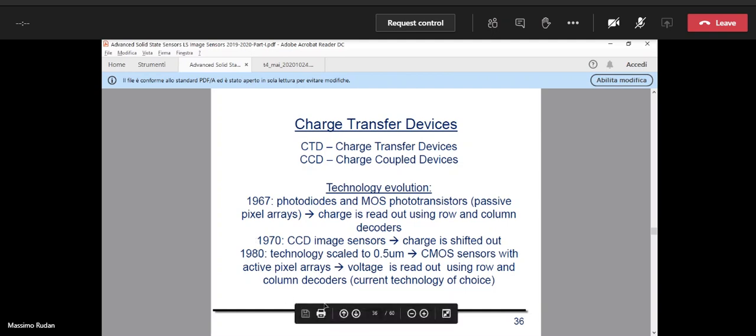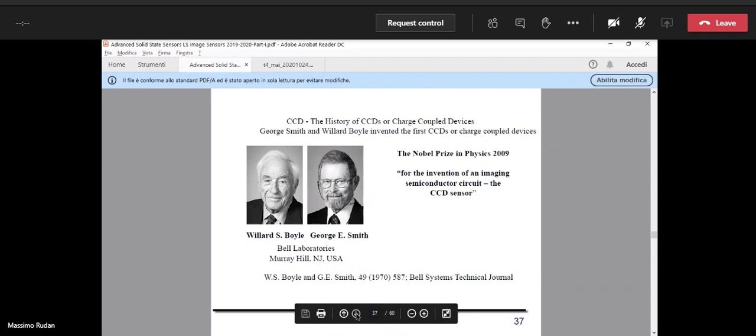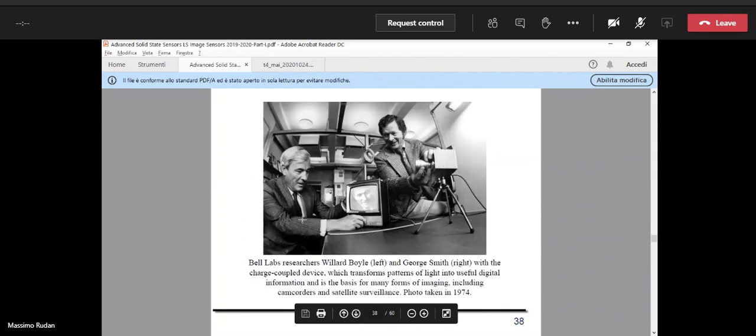The gentlemen who invented them were Boyle and Smith. They won the Nobel Prize for the invention of the imagers. This is a picture of 1974.